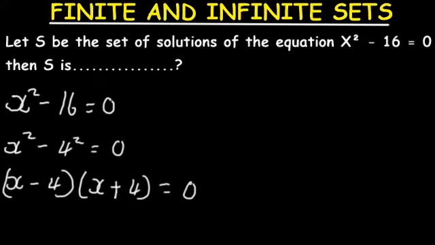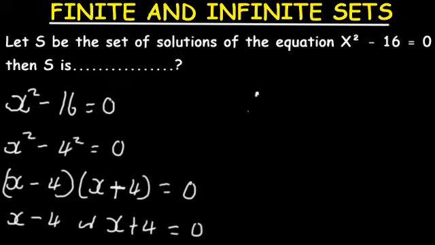So x minus 4 equals 0, or x plus 4 equals 0.